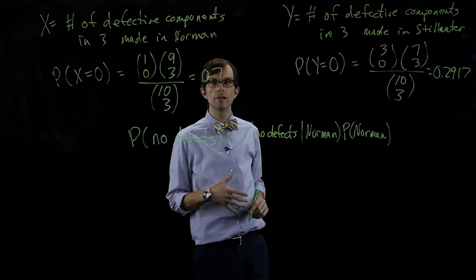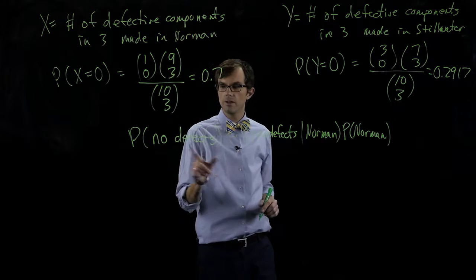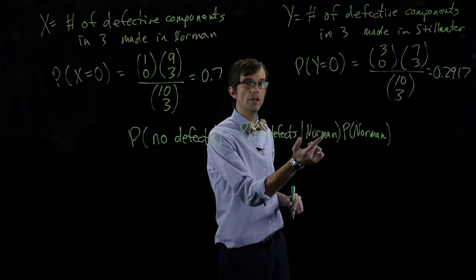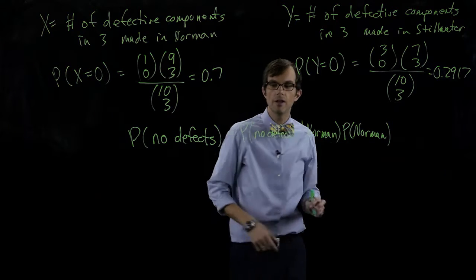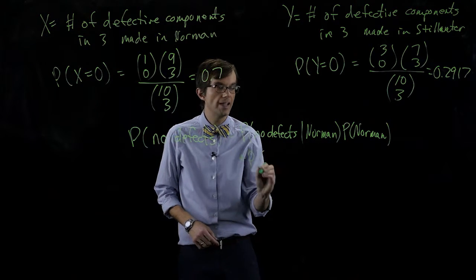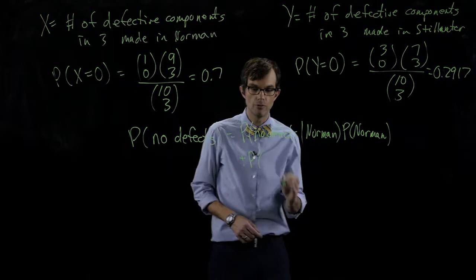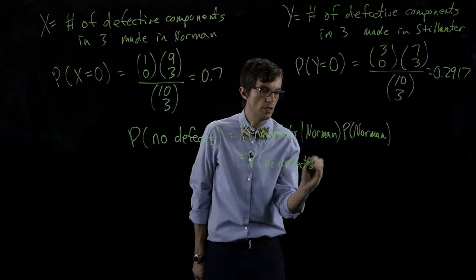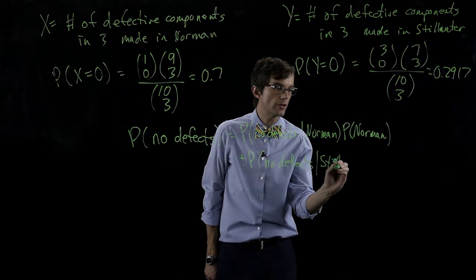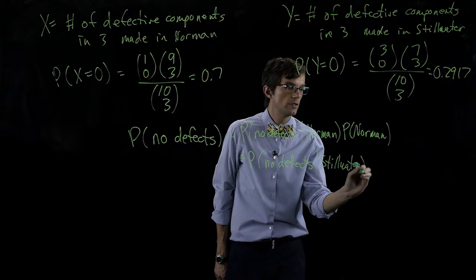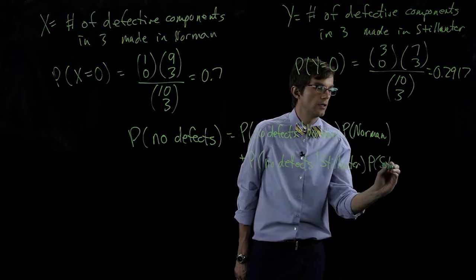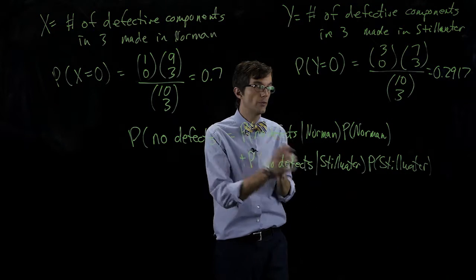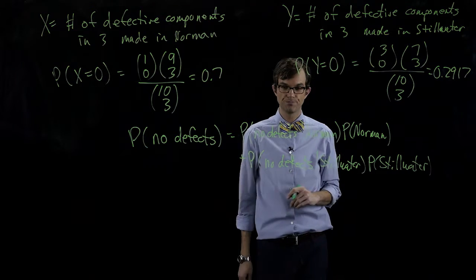Remember, back to probability rules, the probability of A is the probability of A given B1 times the probability of B1, plus the probability of A given B2 times the probability of B2. That is, the probability of no defects given that it was made in Stillwater, times the probability of pulling that batch from the ones made in Stillwater in the first place.